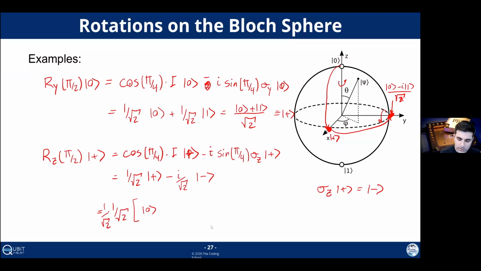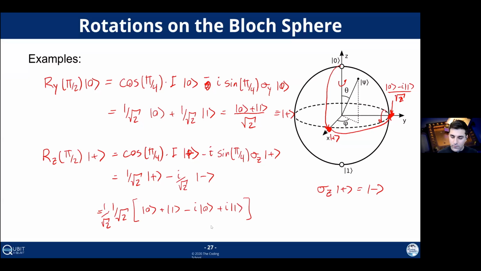So I'm going to end up with 0 plus 1. And again, I've already factored out that 1 divided by square root of 2. That goes from going from the plus state to 0 and 1 state. And now this is going to be minus I times the 0 state plus I times the 1 state.